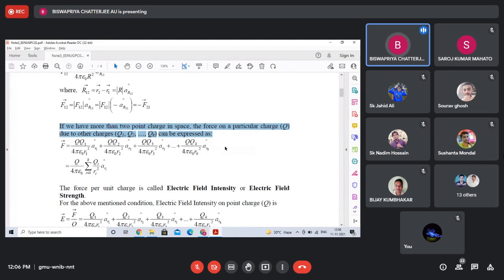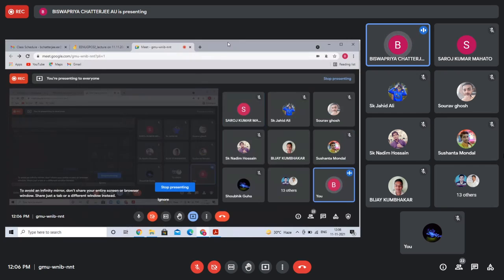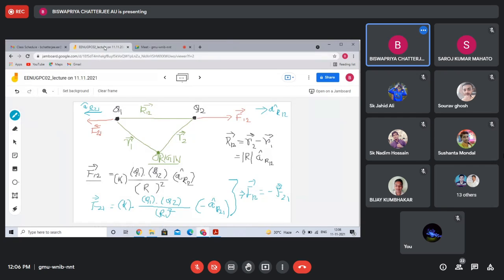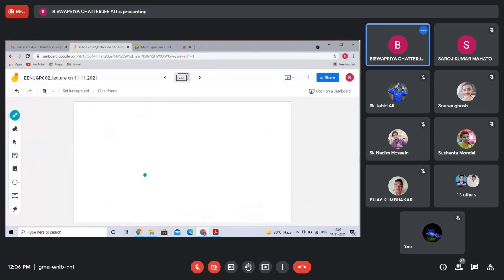So what is the expression out of this? I must write it down. The force on charge q due to k number of charges.